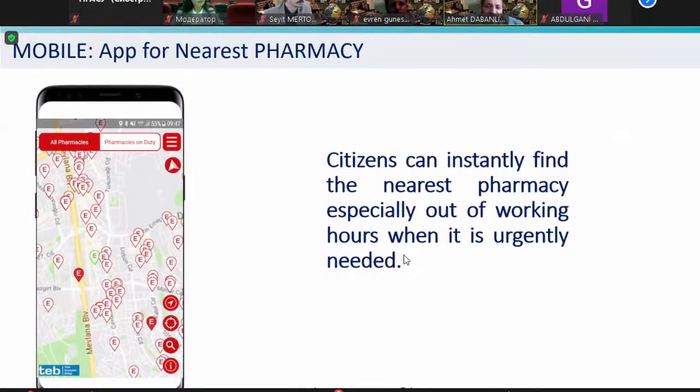Actually, this is for everyday needs, but especially for disaster times, there is a mobile application for finding pharmacies and other health facilities, especially on weekends and night shifts.